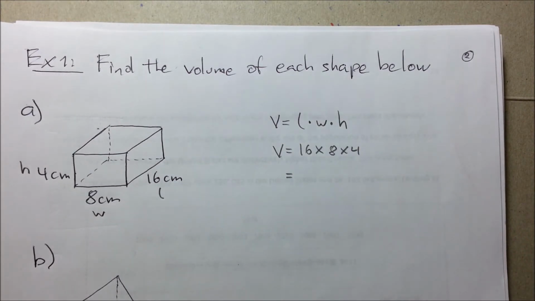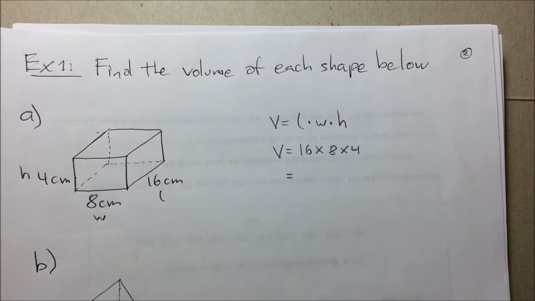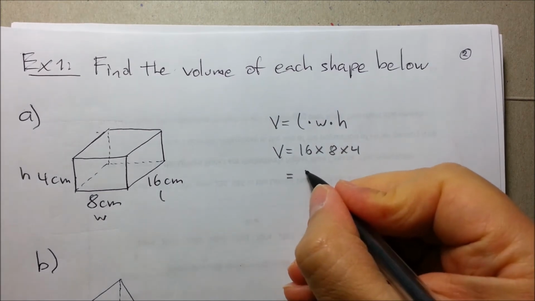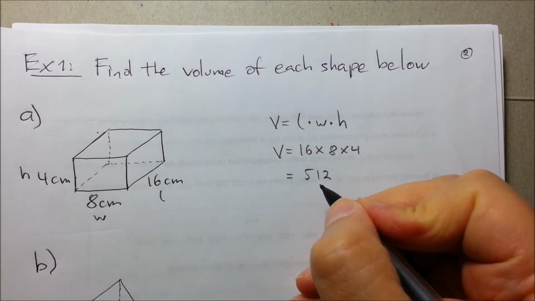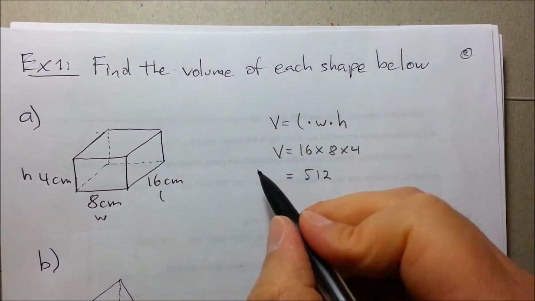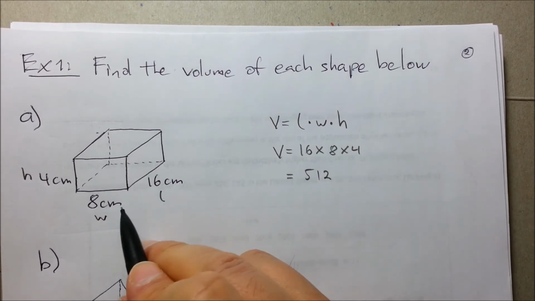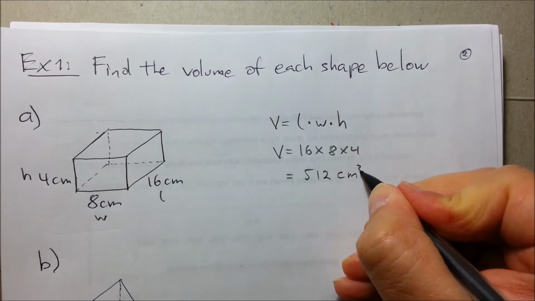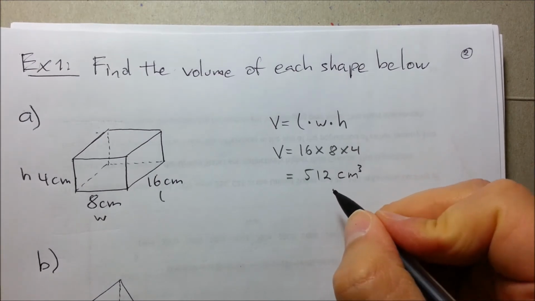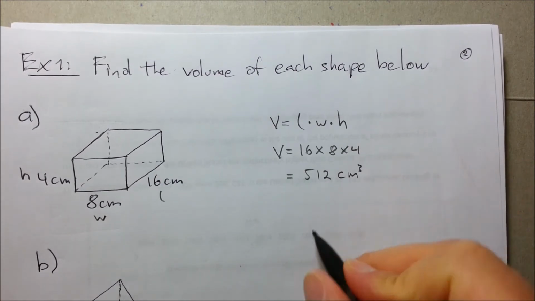Well, you grab your calculator and you get 512. So let's write this down: 512. Now, what units are we going to use here? Well, remember, these are three-dimensional shapes, so that means centimeters cubed. The 3 is for three-dimensional shapes, 3 for 3 dimensions.